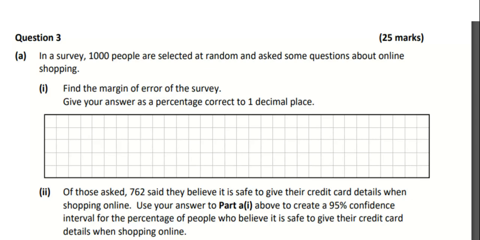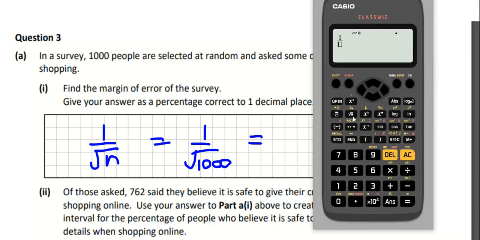Now, 2020 question 3. We're going to find the margin of error of surveying 1,000 people. So it's 1 over the square root of n, which is 1 over the square root of 1,000, which is 1 divided by the square root of 1,000, and you get 0.0316.